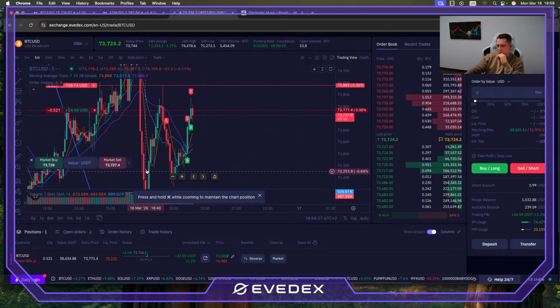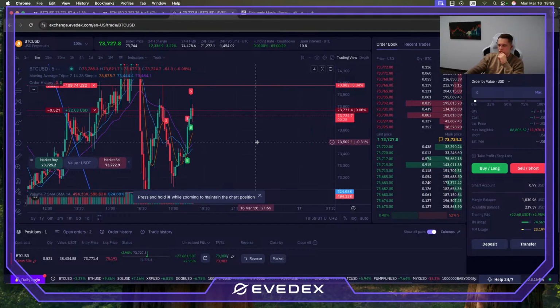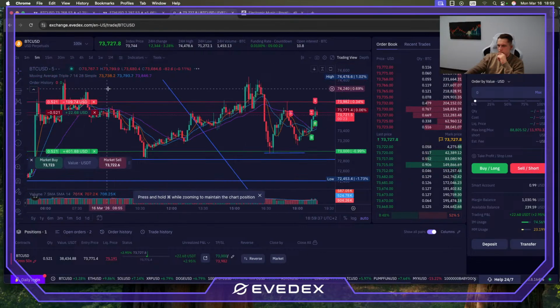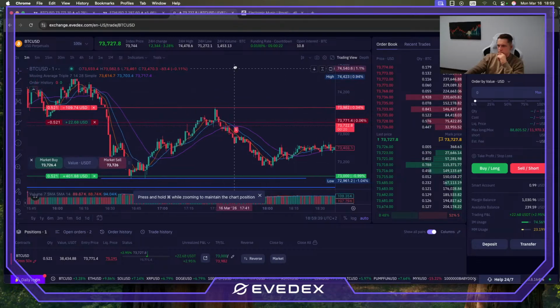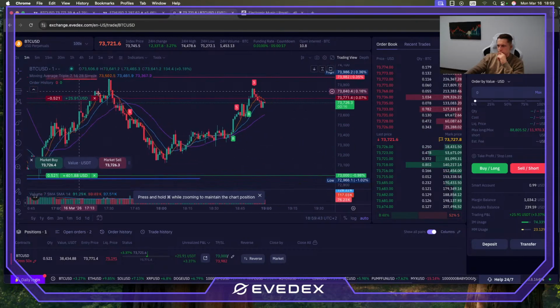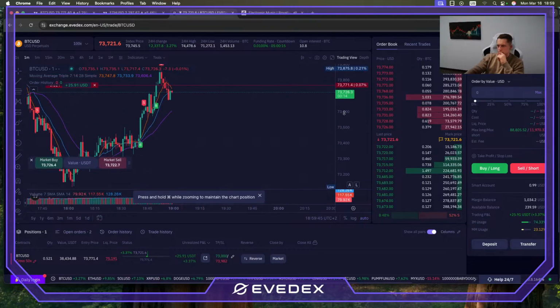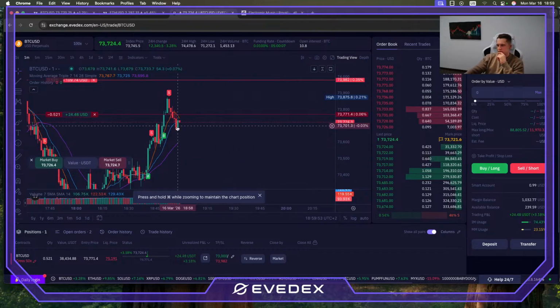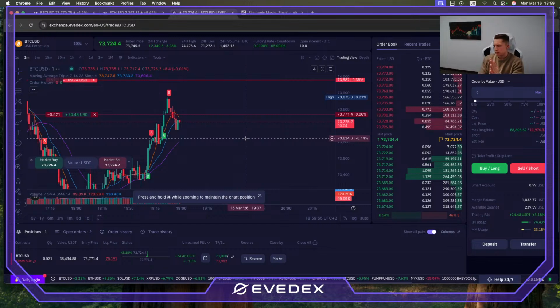As you can see here, there's a rise in the price, a larger candle, but then the price still continues for a bullish move. But it does seem the momentum has kind of faded.